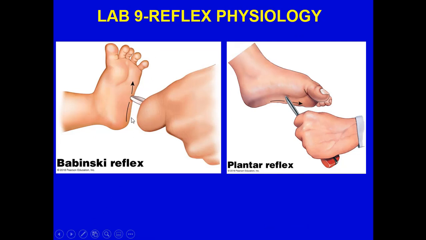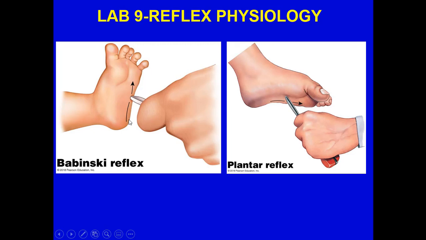Here's a Babinski reflex. You run the blunt part of the hammer up through here. If the toes spread and the child is, let's say, 1 year old, that's normal. Normally with adults, if you run this up this way, the toes kind of curl. That's a reflex.